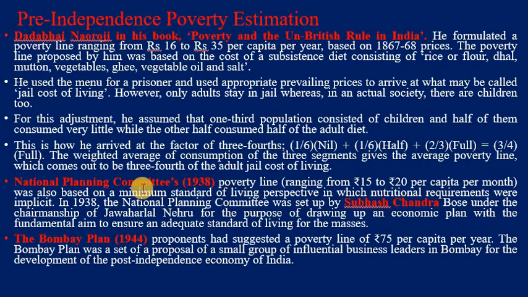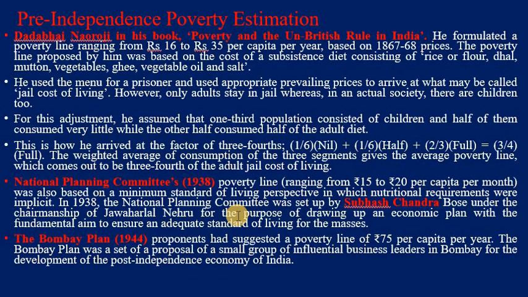That is the weighted average of consumption of the three segments, which gives the average poverty line, which comes to 3/4 of the adult jail cost. So he used the jail cost of living concept to estimate poverty in pre-independence India based on 1867-68 prices, 16 to 35 rupees per capita per year.